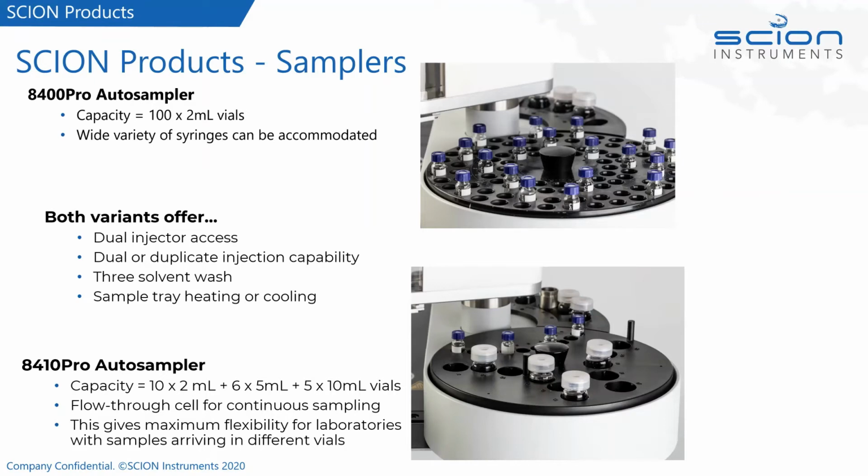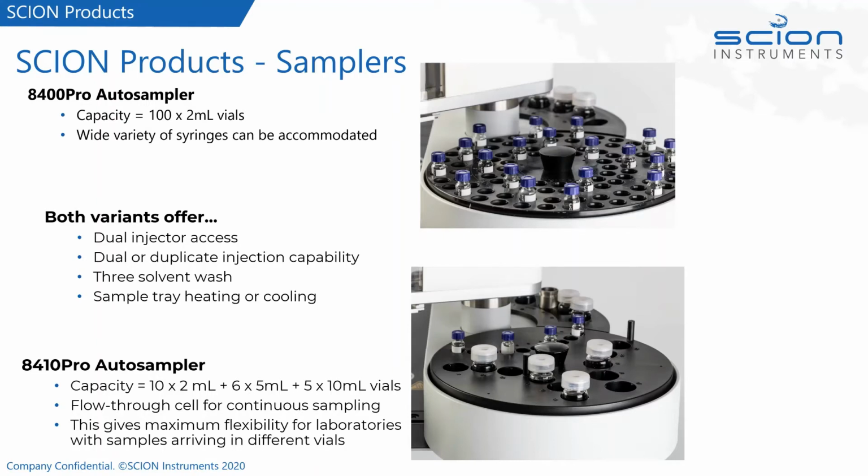We can do a dual injector injection, so we can inject into the front and middle injector or the middle and the rear in the same sequence or the same acquisition. We also have a built-in 3 solvent washer standard to ensure that we are not introducing any contamination into the system.